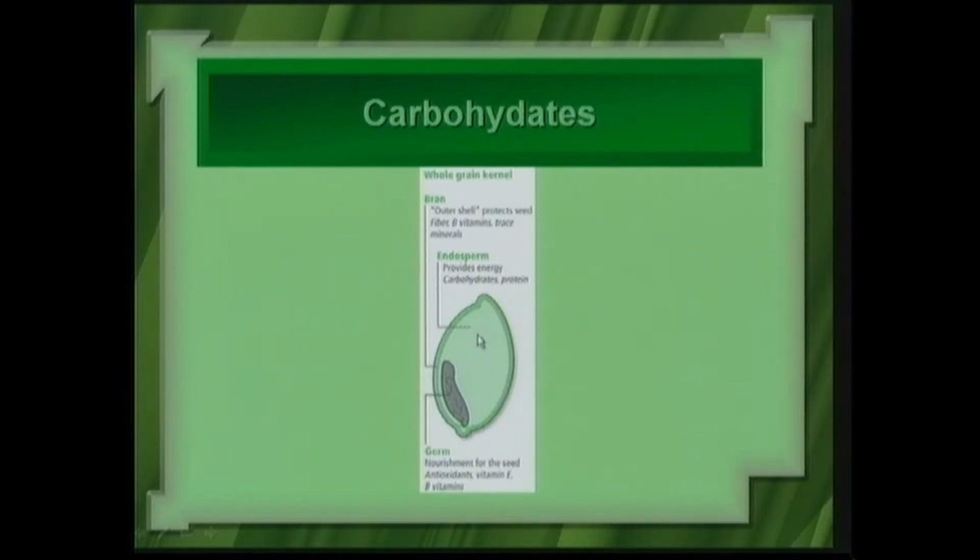Another component of this particular grain. Here you have endosperm. Remember what endosperm is? Remember that this is the tissue that is a result of double fertilization. This here, the germ, is nourishment for the seed. But the endosperm, remember, you have two sperms. One fertilizes the egg, which results in the embryo.